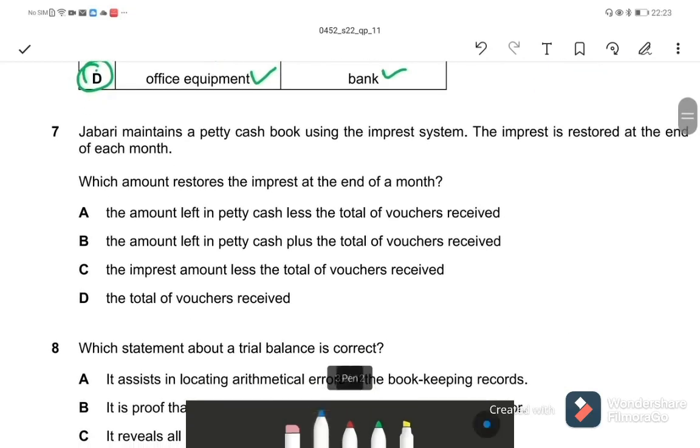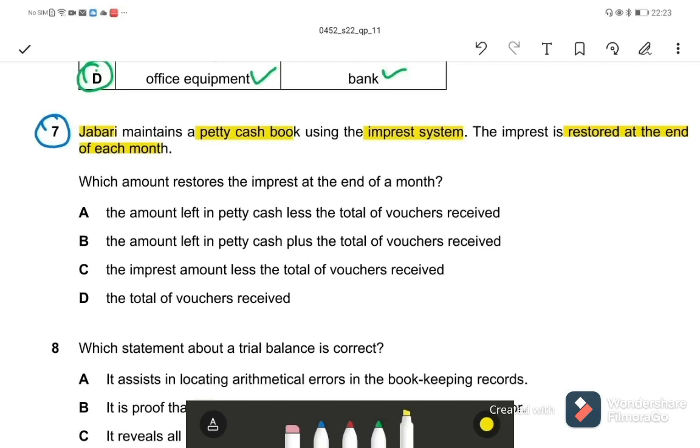Question 7. Jabari maintains a petty cash book using the imprest system. The imprest is restored at the end of each month. What is imprest system? The petty cashier starts the petty cash book with a fixed amount.